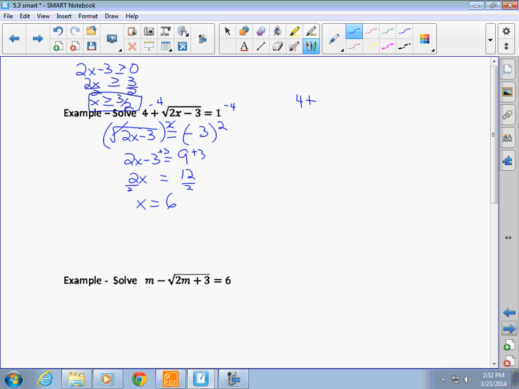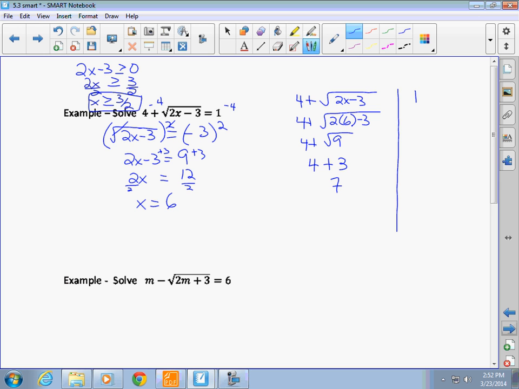I have 4 plus the square root of 2x minus 3, and on this side I have a 1. So 4 plus the square root of 2 times 6 minus 3. 4 plus the square root of 12 minus 3, which is 9. So 4 plus 3 equals 7.